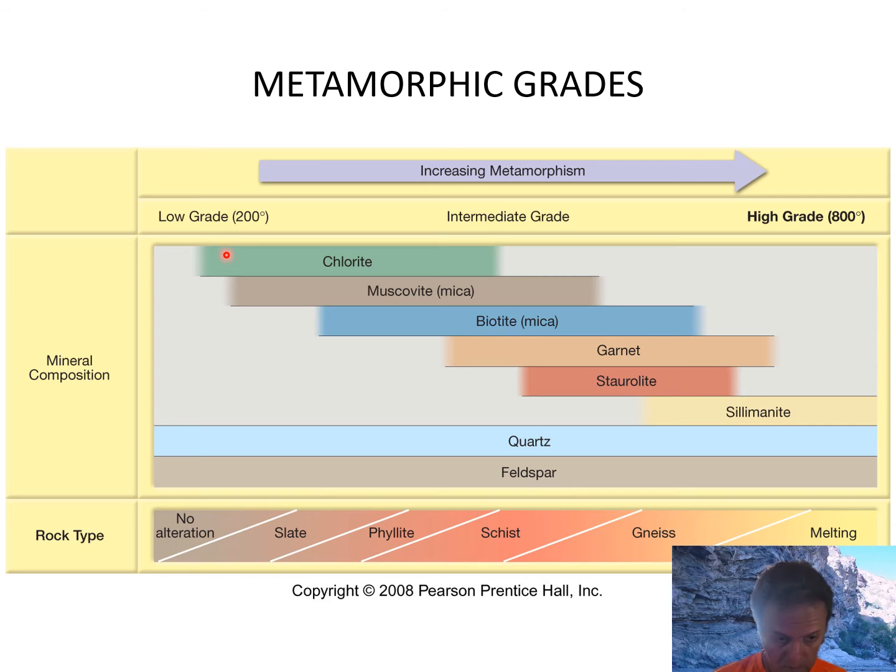You tend to get metamorphic type minerals like chlorite, which is sort of a transformed clay mineral. Intermediate grade, higher temperature, higher pressure, you get muscovite, biotite. And then as you get into the real high grade, higher temperatures, higher metamorphism, you get very unique special minerals called, for example, staurolite or sillimanite.